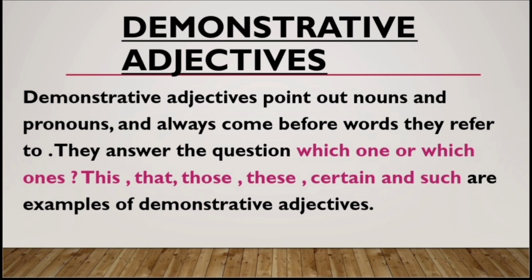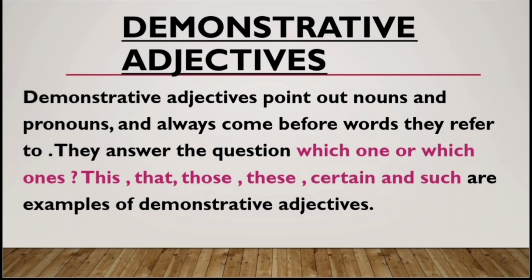Demonstrative adjectives. Now, the word demonstration or demonstrative is already understood to be pointing out something, right? So, demonstrative adjectives point out nouns and pronouns and always come before the words they refer to. What is the task of a demonstrative adjective?